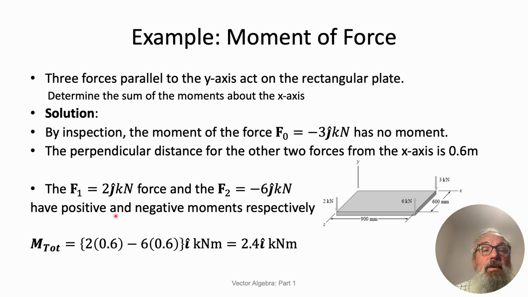We get a positive and negative moment respectively. We multiply those together and sum them. We get 2.4i kilonewton meters. And the positive and negative is what we determine as being positive from our definitions.